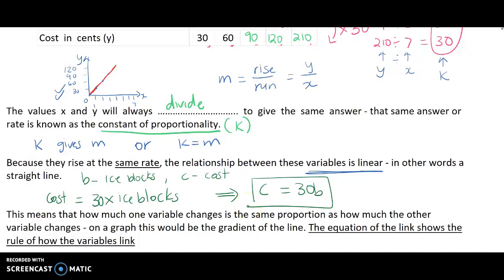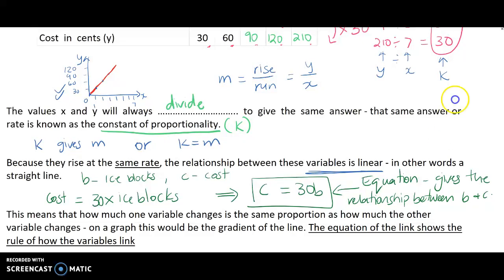And that is an equation. And this equation basically gives us the relationship between B and C, which is the number of ice blocks and the cost.